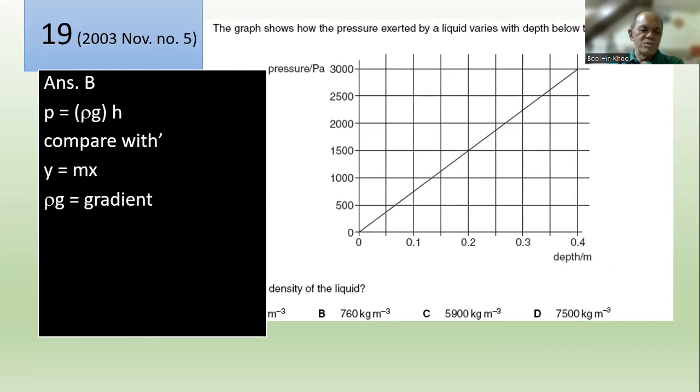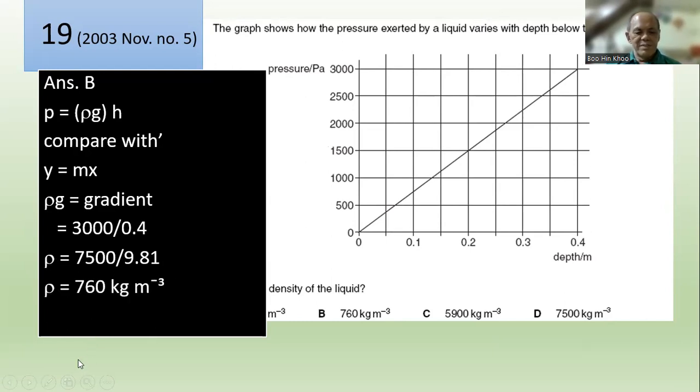So rho g equals the gradient. Here, gradient is 300 divided by 0.4. You can take any point, but it's easier to read a point that is easy to read. Use your calculator and you get 760 kilogram per meter cubed.